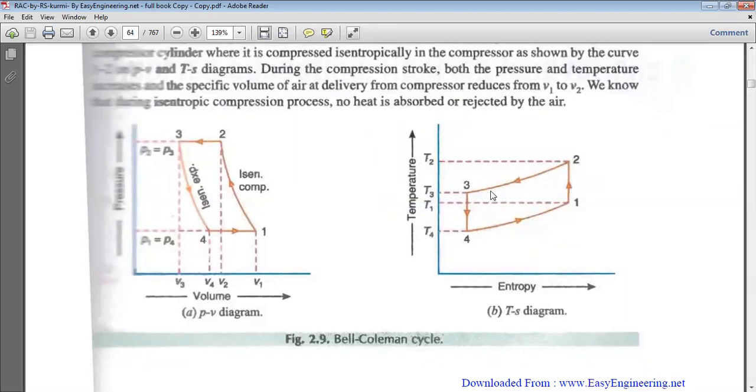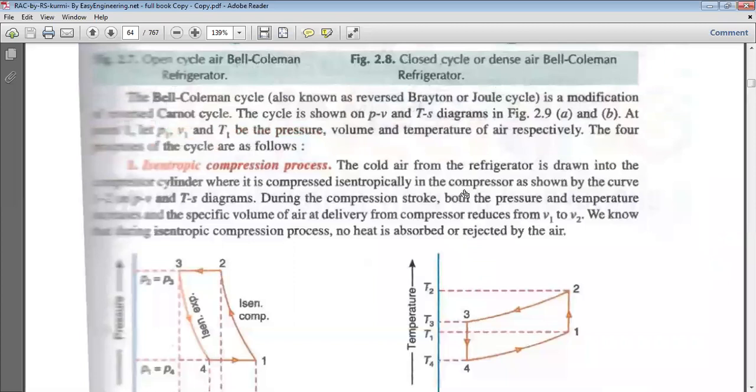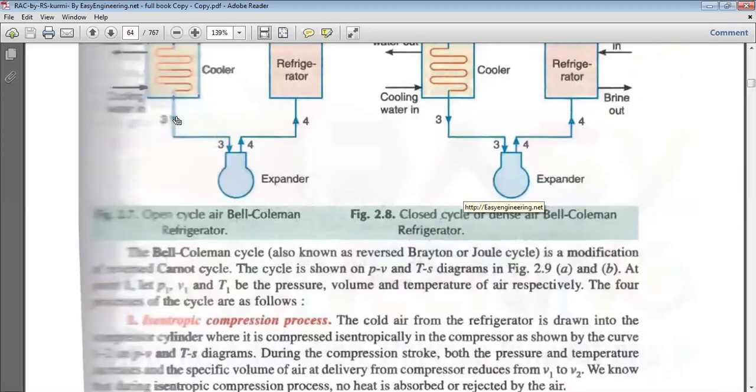Therefore, I am drawing the curve downwards, constant pressure line 2-3. 2 is the discharge pressure and discharge temperature. 3 is the exit condition of the cooler, where P2 is equal to P3, that is the input to the expander. That is, 3 is the input of the expander. The output of the cooler is the input of the expander.